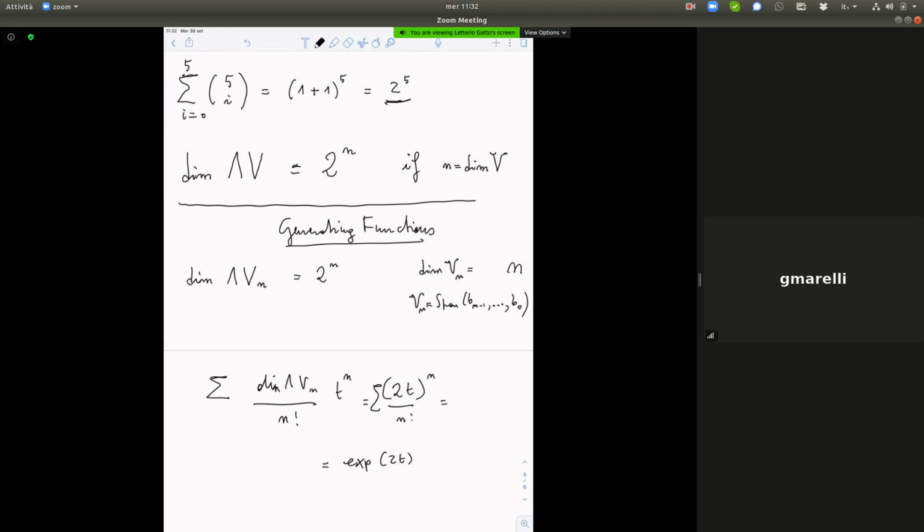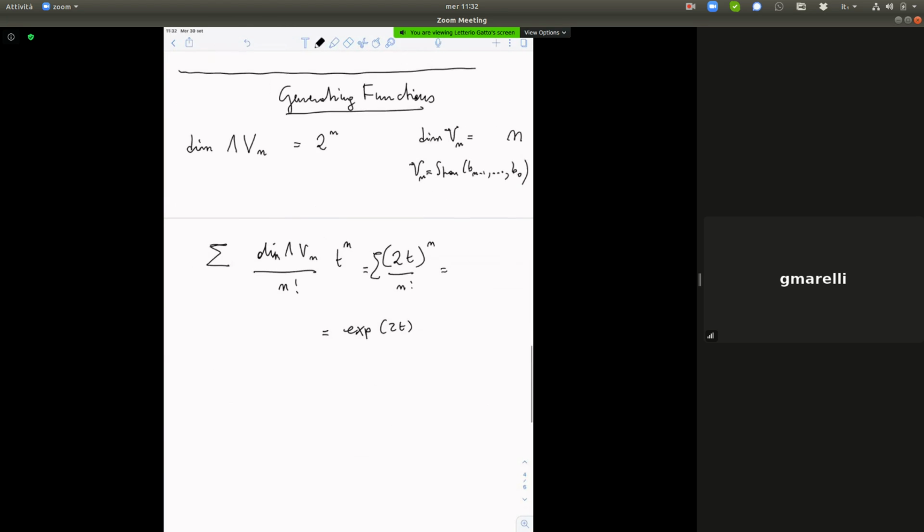What does this equality say? This equality says that if I want to compute the dimension of wedge V10, this is equal to the coefficient of t to the 10 of the expansion.